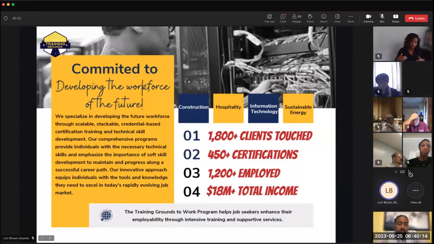Out of the individuals who have come through our program, we are very proud to report over 1,200 folks that have achieved gainful employment. And our calculations of their employment success total to $18 million in income that our organization has helped to generate.